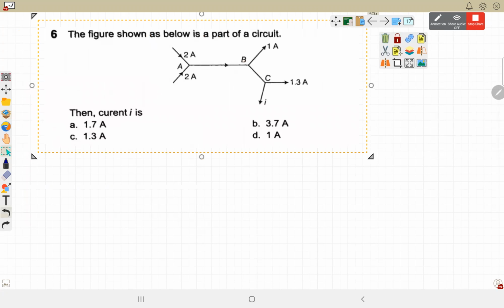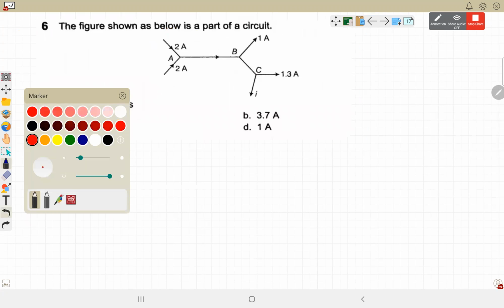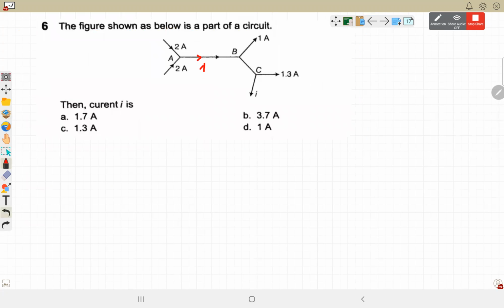Apply junction law to find the current I. From here 2 and 2 become 4. Out of 4, 1 goes ahead. This will be 3. Out of 3, 1.3 goes ahead, so the remaining is 1.7 ampere. It's very simple. So we have to apply the junction law to find the current in this circuit. Next.